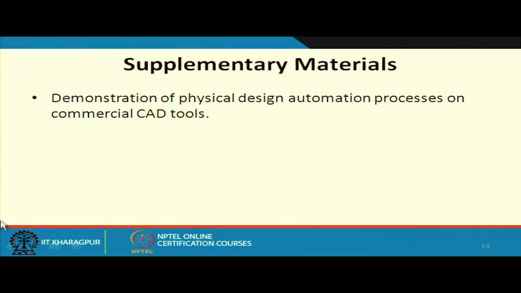You can go to a place where these kinds of tools are available and see how the designs and these tools are actually being used. Once you use these tools hands on, only then can you have a real feel of the capability of the tool, because most of these tools are pretty comprehensive and huge. It is not possible to cover all aspects of this. So, these were the supplementary materials.